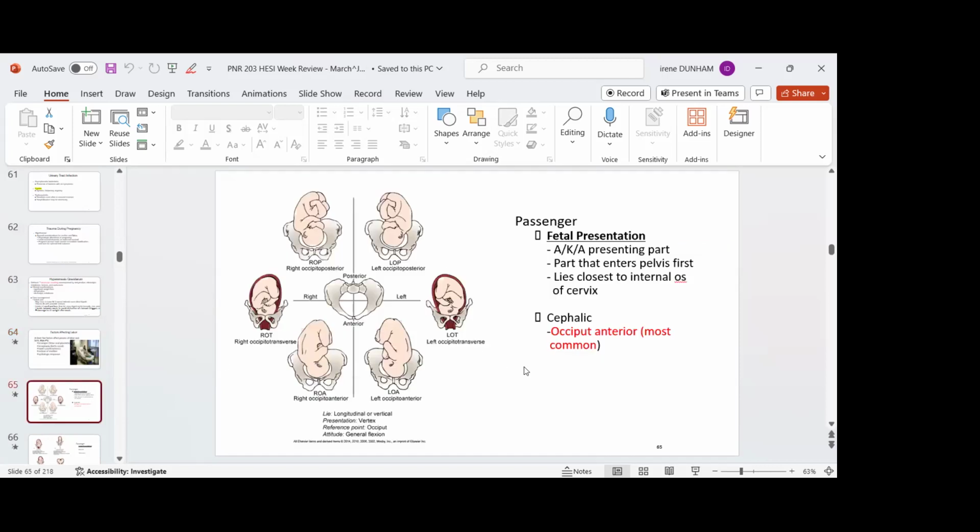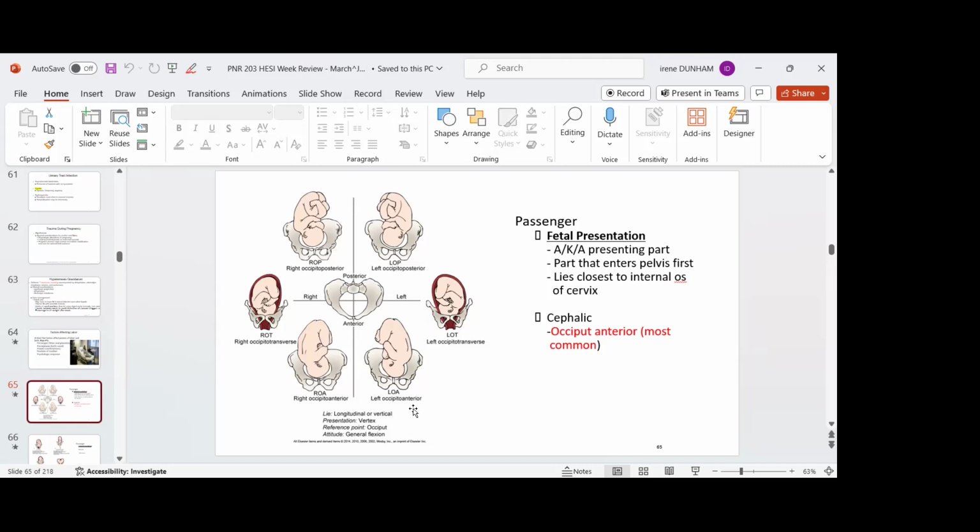Okay, in case you forgot about this, these are different positions. I talked about this already, the occipital anterior, the occipital posterior. All it means is the back of the baby's head. In occipital posterior, the back of the baby's head is to mom's back. So here's your position. Anterior, mom's front, posterior. This is just right and left of mom, how the baby's laying, either to the right side of mom or the left side of mom. That's all it is.